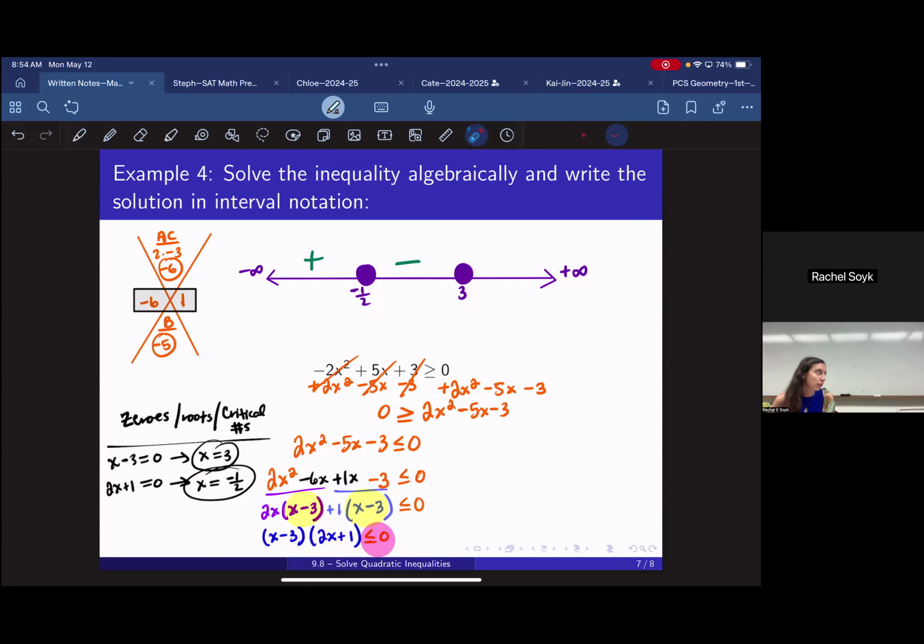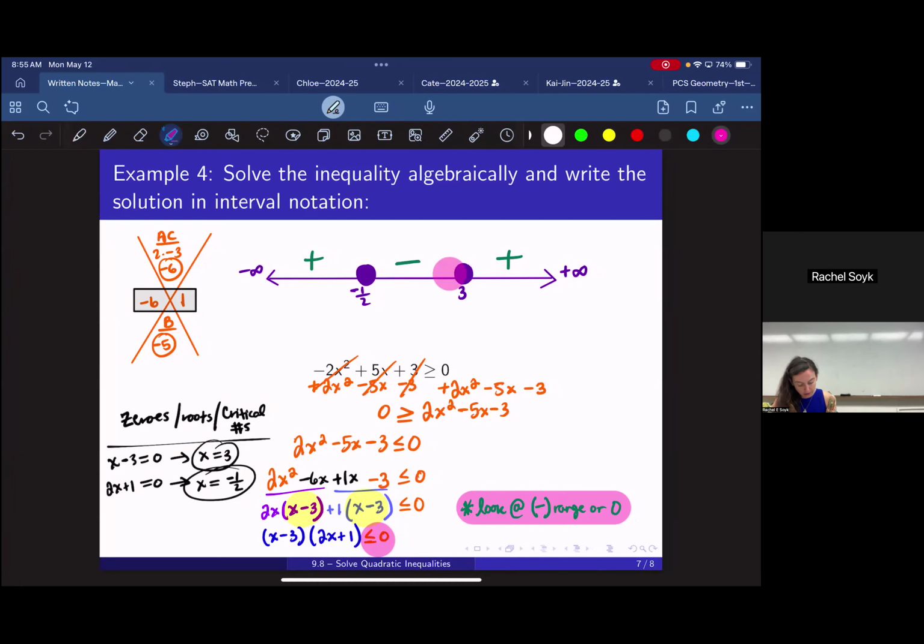And what's a value greater than 3? 10. 10 minus 3 is positive. 2 times 10 is 20 plus 1 is positive. A positive times a positive is a positive. We're looking at where our values are negative and 0. Look at our negative range since it's less than or equal to 0.